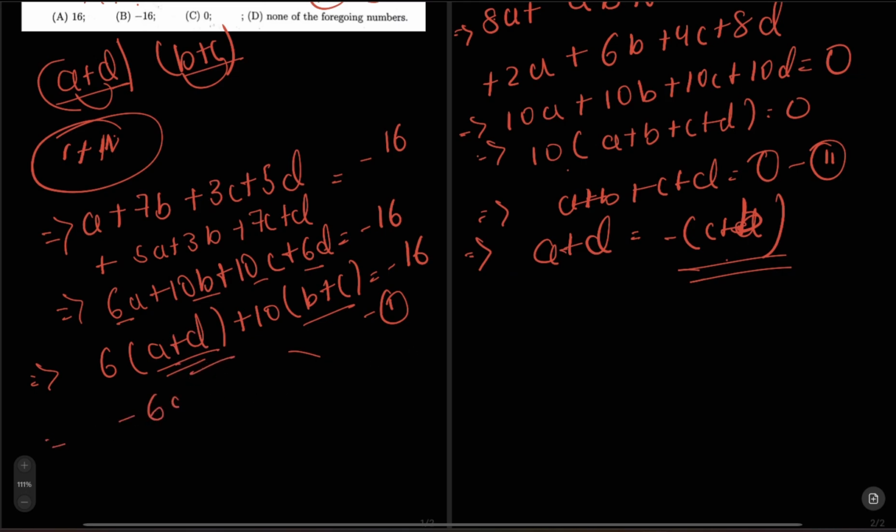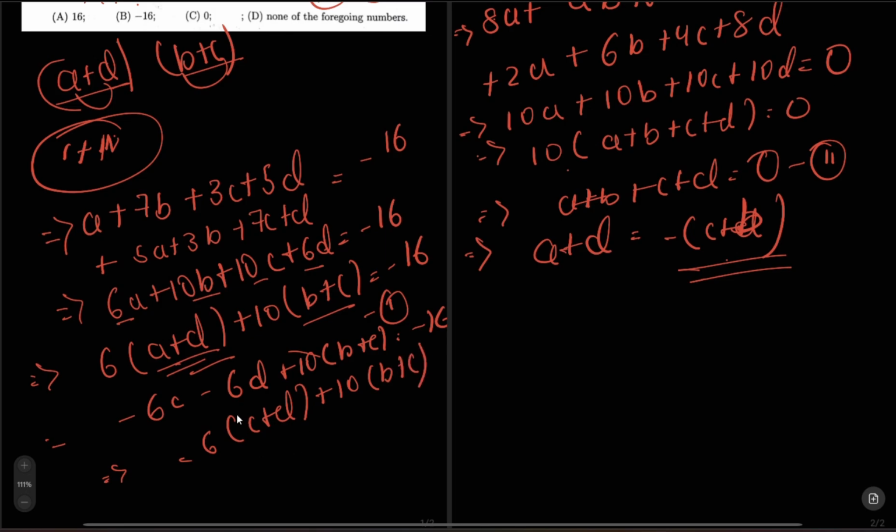It will be minus 6 times (c plus b) plus 10 times (b plus c) equals minus 16. Then the equation will become 4 times (c plus b) equals minus 16, so c plus b will be minus 4.